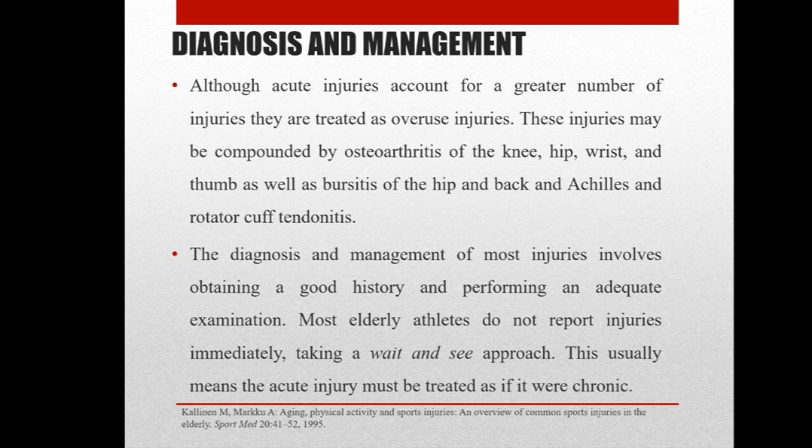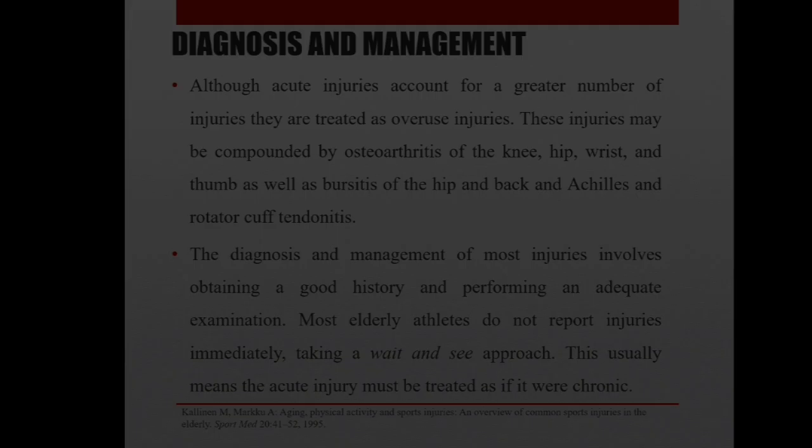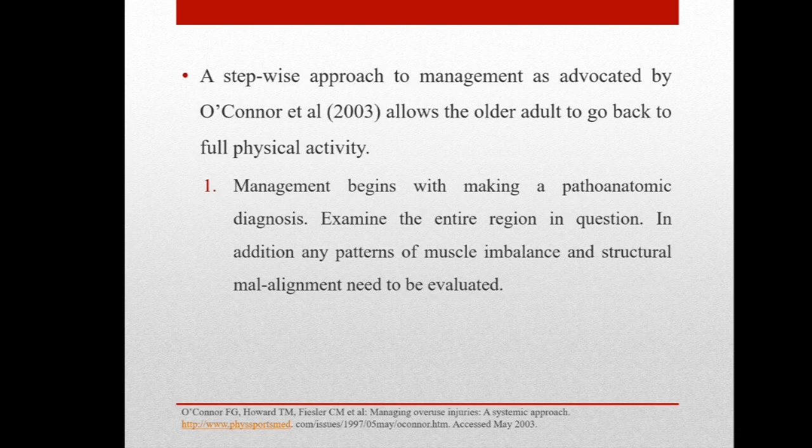They take a wait-and-see approach, which means the acute injury must be treated as if it were chronic. It begins with diagnosis and management of the entire region in question. One should see whether there is any muscle imbalance, and whether structural malalignment needs to be evaluated.